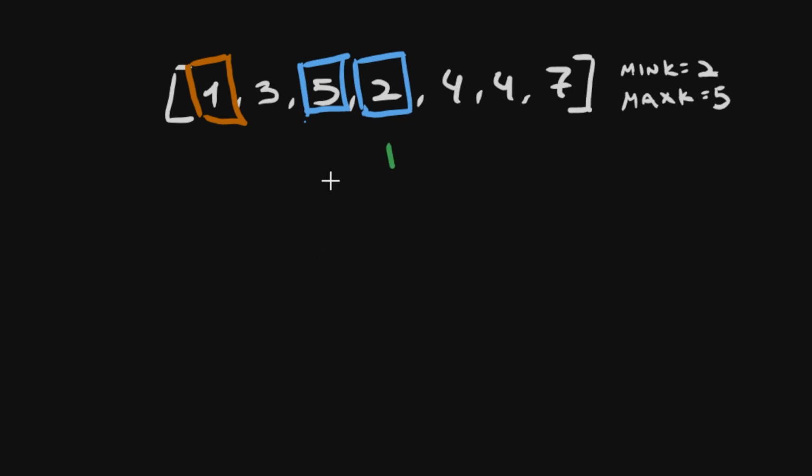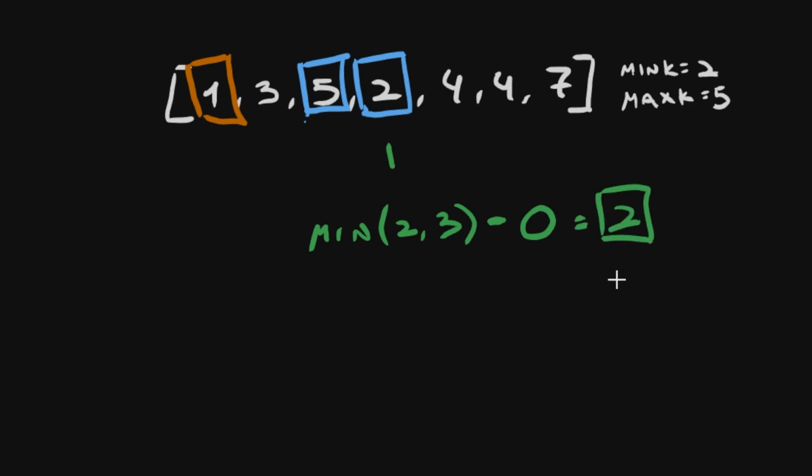Okay, now we could take the minimum among the last time we saw the min k and the last time we saw a max k and subtract the last time we saw a value that was out of bounds, meaning 0 in this case. And the answer for this will be 2, meaning we can add these 2 to our result. Now let's see what this means exactly.